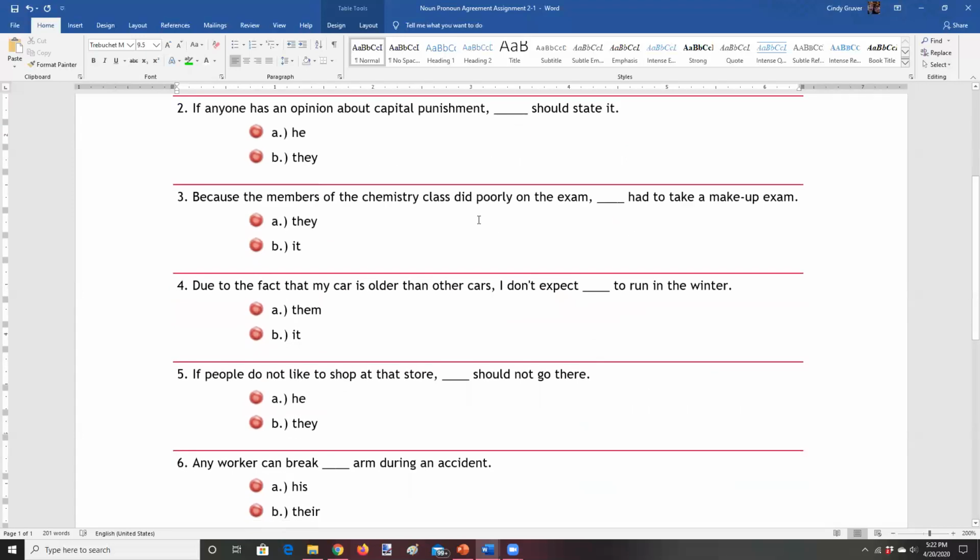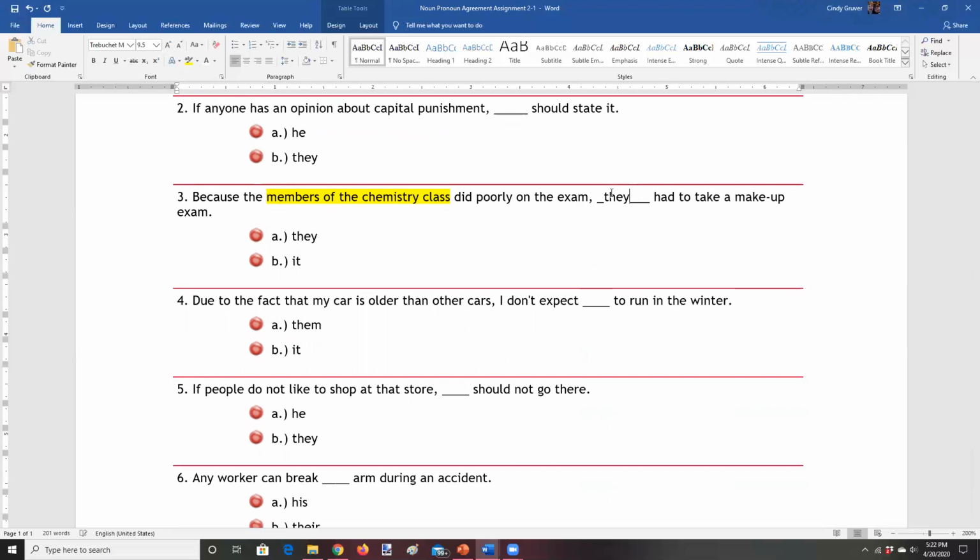Let's go to 3. Because the members of the chemistry class, so this is our whole subject. The beginning part is members. So there's more than one member to this class, so it's plural. So we're going to use they. I had to take a makeup test.